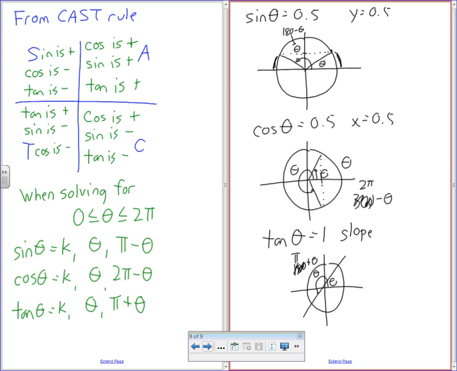And if you don't like my circles, we can also do it using our identities that we learned on the last page. Let's do that instead, okay? Here we go.